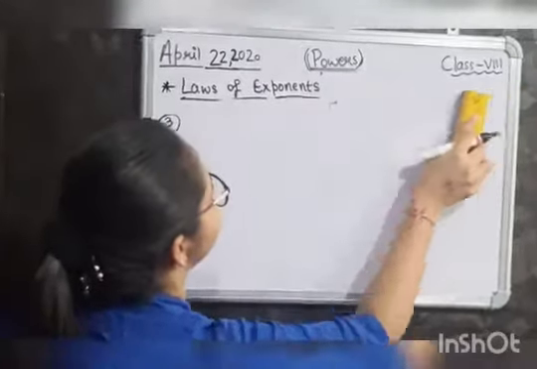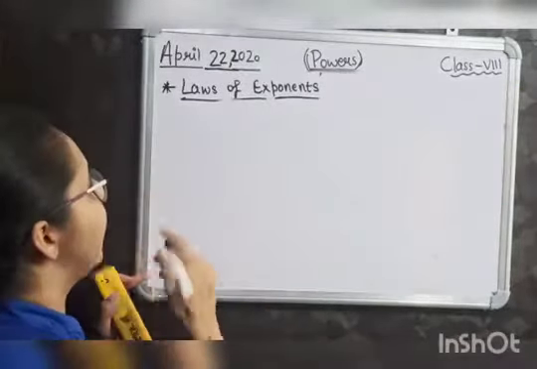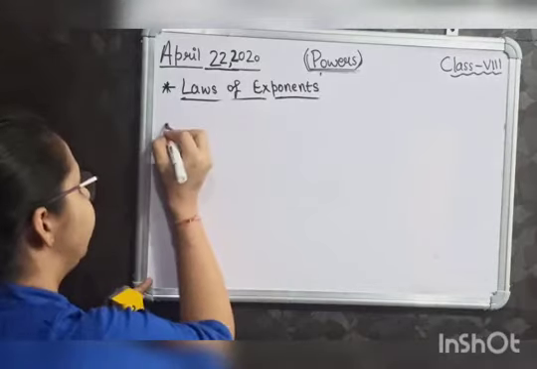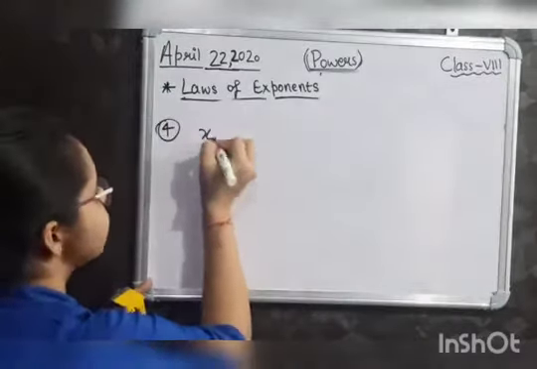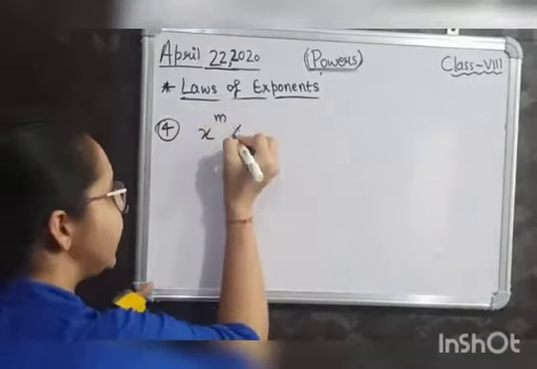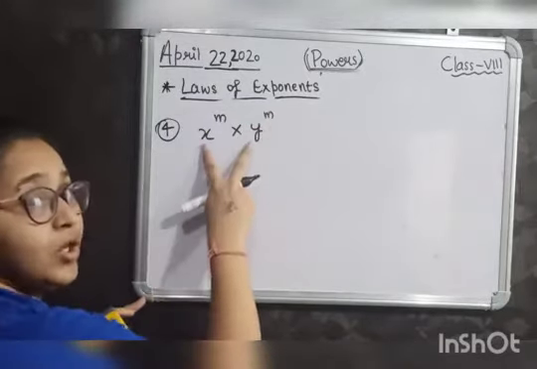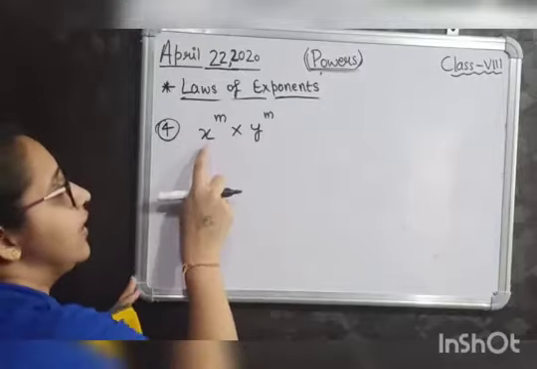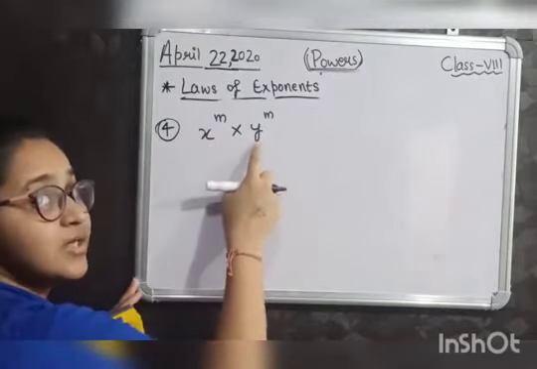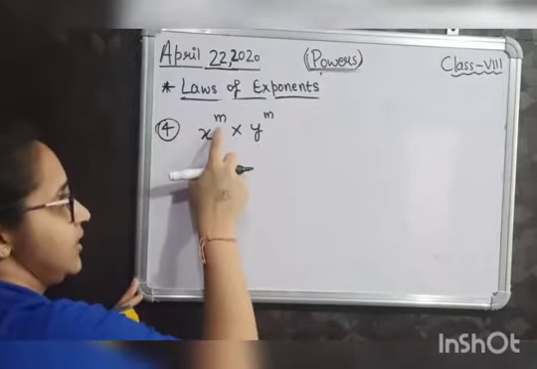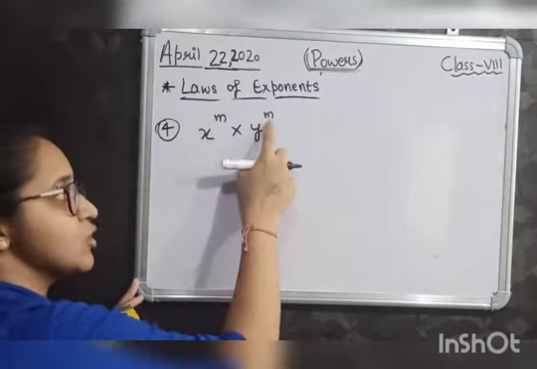Now come to another rule. Another rule is if you have two numbers, x power m multiplied by y power m. Here there are two numbers, but note that here the base is x and here the base is y. Here the power is m and here also the power is m.